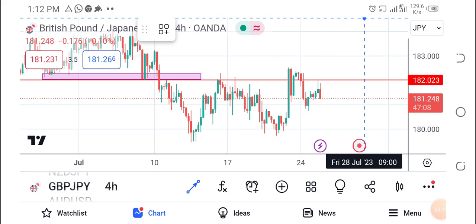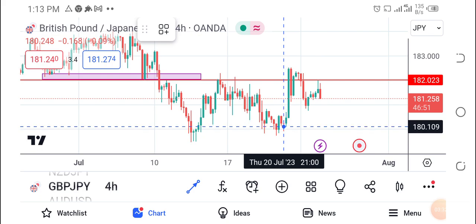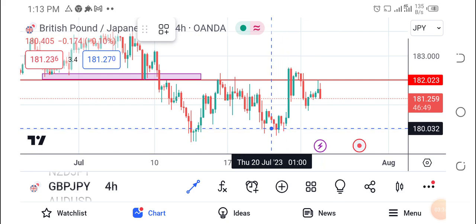We are going to come down to the point where, if the market breaks a particular point, we will know whether we are going to take a buy or a sell trade, as the case may be. From this point, we can see that the market is ranging.